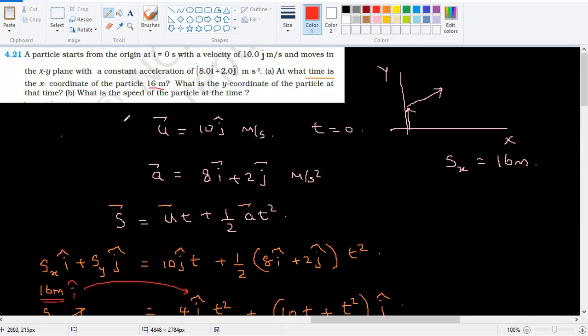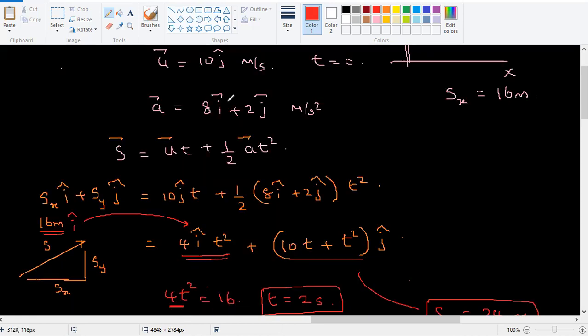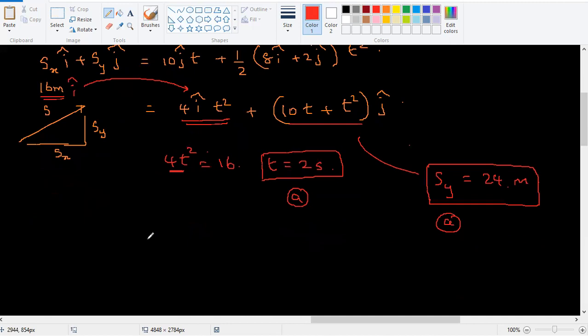So what is the speed of the particle at that time? The speed of the particle is again v is equal to u plus at. But I'm not doing the x-axis or y-axis separately, I'm doing the vector.